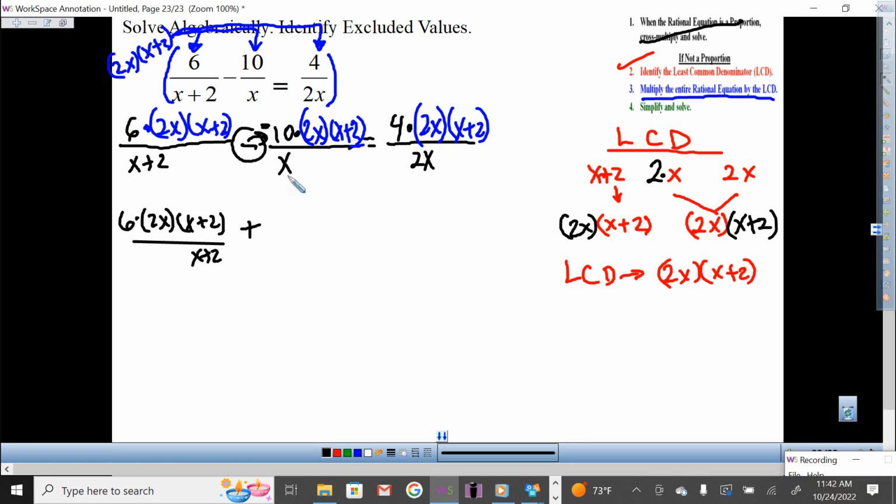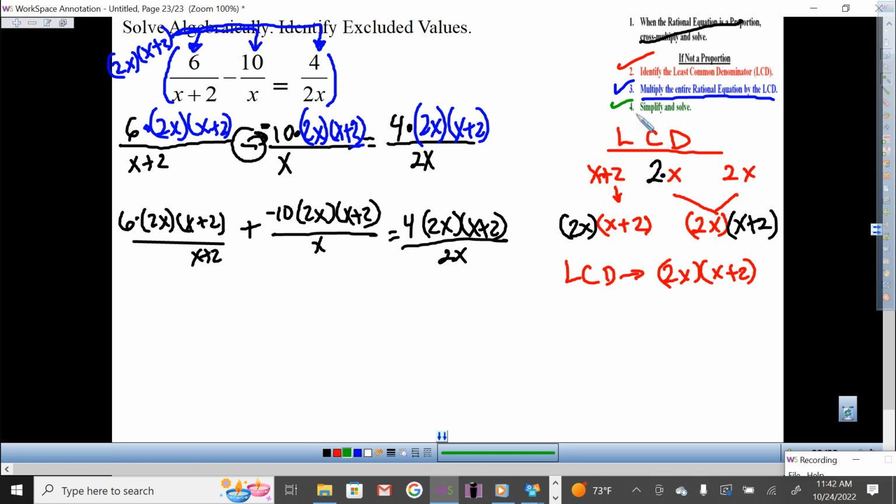And then we have negative 10 times 2x times x plus 2 over x equals 4 times 2x times x plus 2 over 2x. So I'm done with step 2. I'm going to step 3.